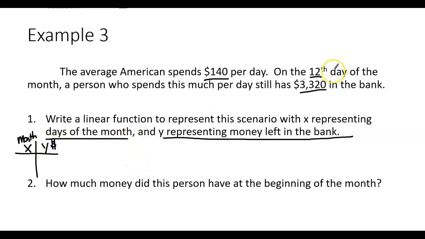Okay, so they tell us that on the 12th day, they have $3,320 left in their bank. Okay, but that's all they give us for an x value and a y value. This is not an x value or a y value. Now, there's a very important word here that's different. It's per.